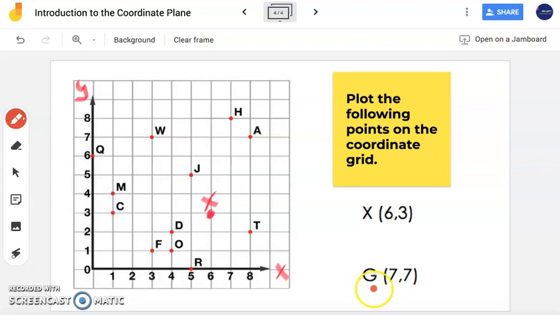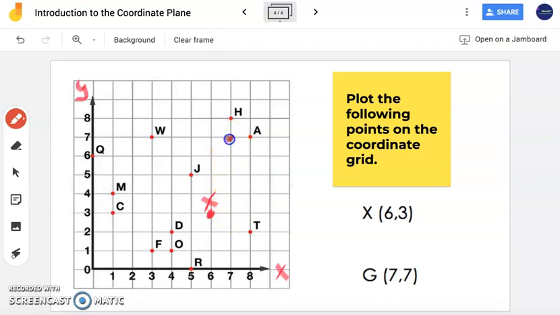Now, the next point given is G, and the ordered pair is 7, comma 7. So what I'm going to first do is always start at my origin 0, and I'm going to go to the right 7 spaces. I'm going to stop at 7. Then I'm going to go up 7 spaces as well. 1, 2, 3, 4, 5, 6, 7.